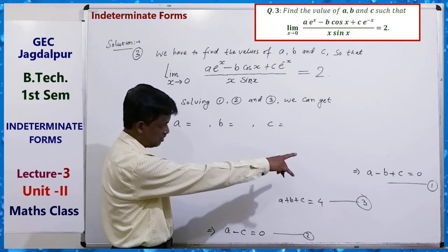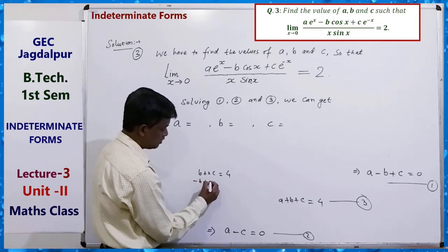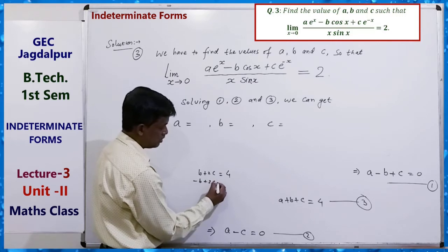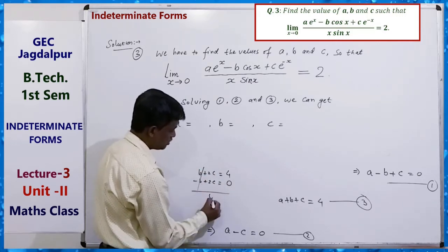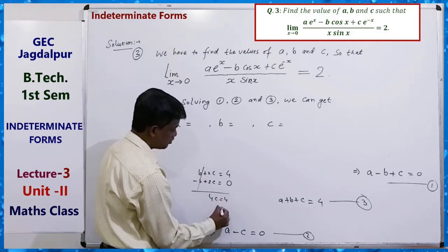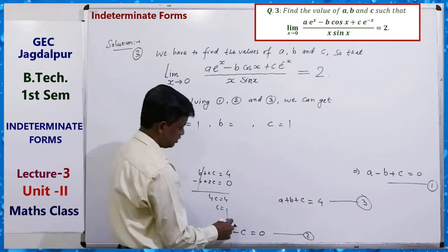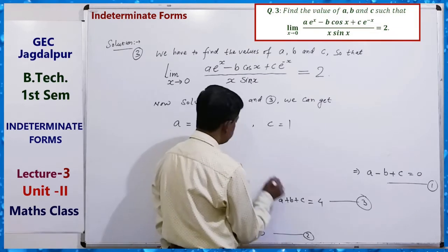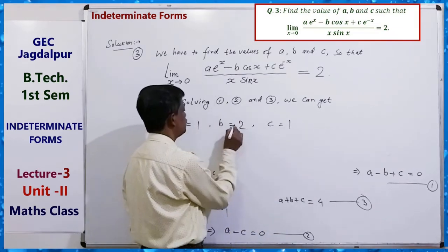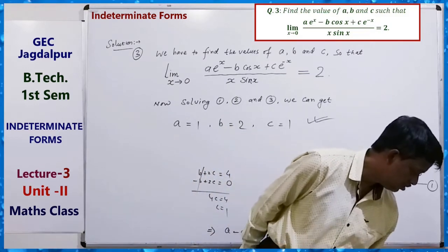So what will be minus b plus 2c equals to 0. So here just adding, 4c equals to 4, c equals to 1, and c equals to 1, so a equals to 1. And b equals to what? With c and a as 1, b equals to 2. So a equals to 1, b equals to 2, c equals to 1.